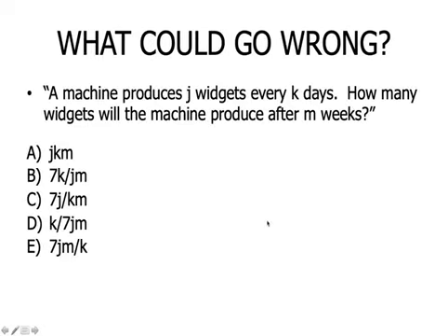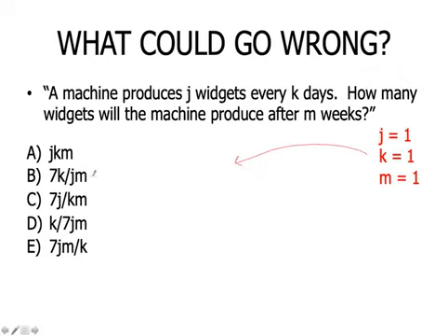But before we get too excited, let's talk about a caveat here. So we'll go back to this question, the widgets, the days, the machine, the weeks. But instead of picking numbers like 10, 2, and 3, let's say that I had picked 1, 1, and 1. I'm just not feeling particularly creative, and I just choose 1. Well, if I plug these numbers in, watch what happens.